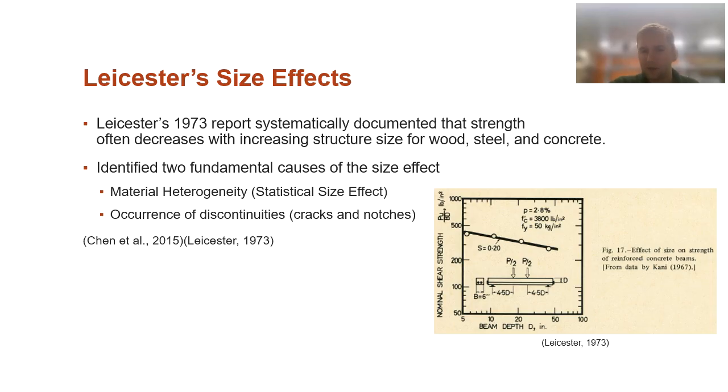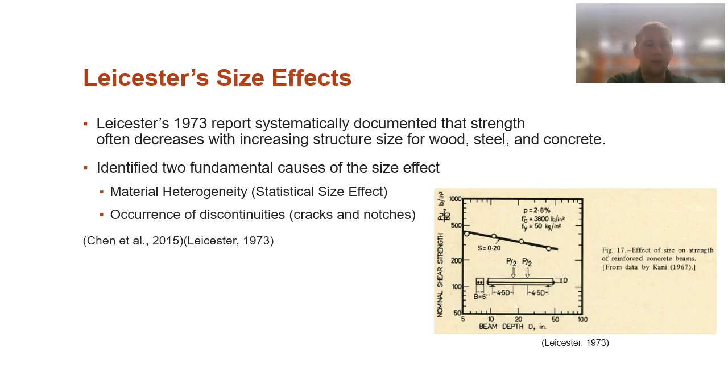Now, this isn't the curve that we were noticing before, but it's important to know that in 73, they were already proposing different ideas for fundamental causes for the size effect, where the first was the material heterogeneity, like the statistical size effect that Weibull had proposed, where you're encountering a flaw.